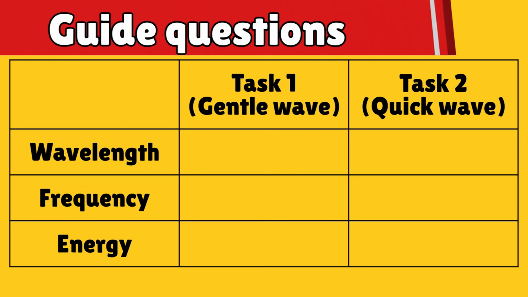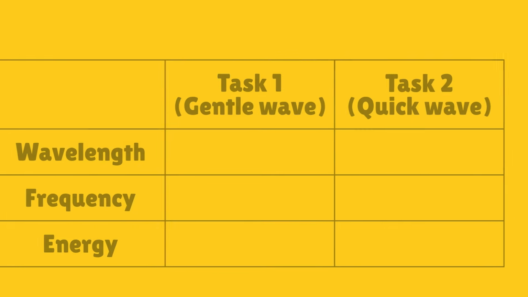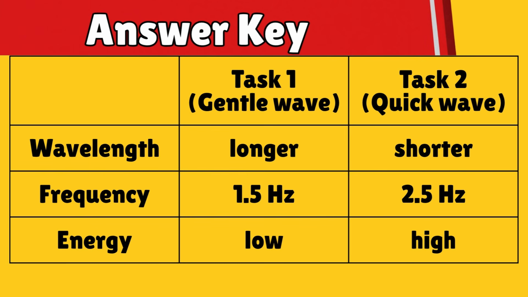So guide questions. Let's answer this table. Let us differentiate the two waves in task 1, where we use a gentle wave, and for task 2, we use a quick wave. Let's compare them in terms of wavelength, frequency, and energy. For wavelength, in task 1 it is longer, and for task 2, the wavelength is shorter.